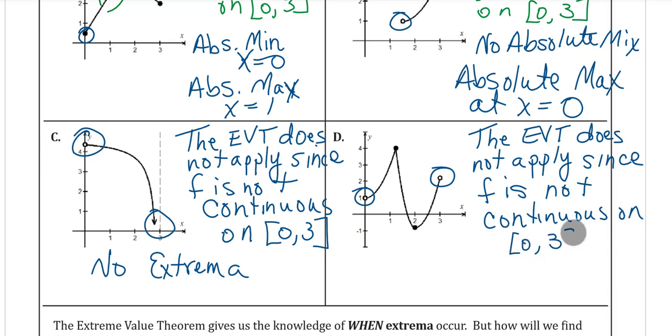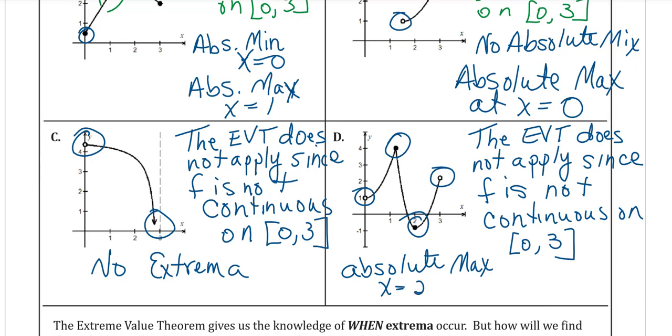What we find is that we do have an absolute maximum and an absolute minimum. So our absolute max is at x equals 1, and our absolute min is at x equals 2.